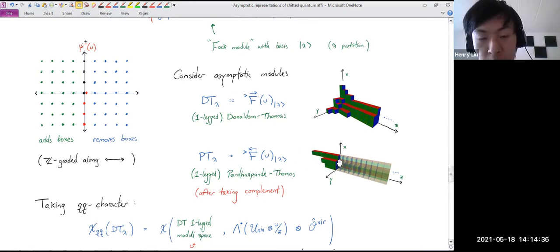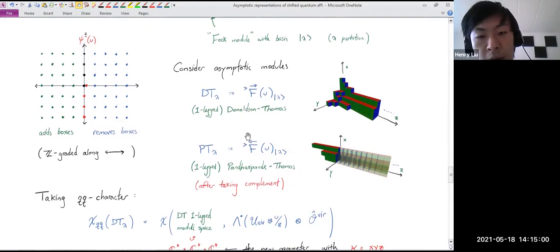So the complement of the negative boxes inside PT theory forms an ascending chain as you go in the negative direction. Or put otherwise, if you start from negative infinity in z and move in the positive direction, it forms a decreasing chain.